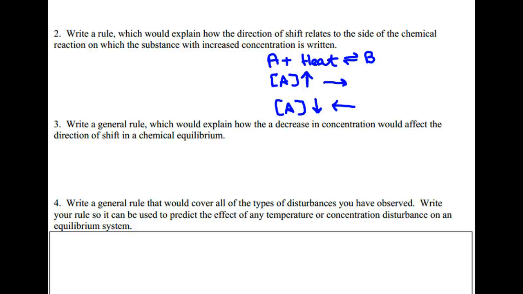And if you were to remove A, well, it would want to tilt the reaction to the left, so that way it could come back to reach equilibrium. For number 3, it was basically answered in the second part. When A is decreased, it would go to the side that A is on to make up for that.